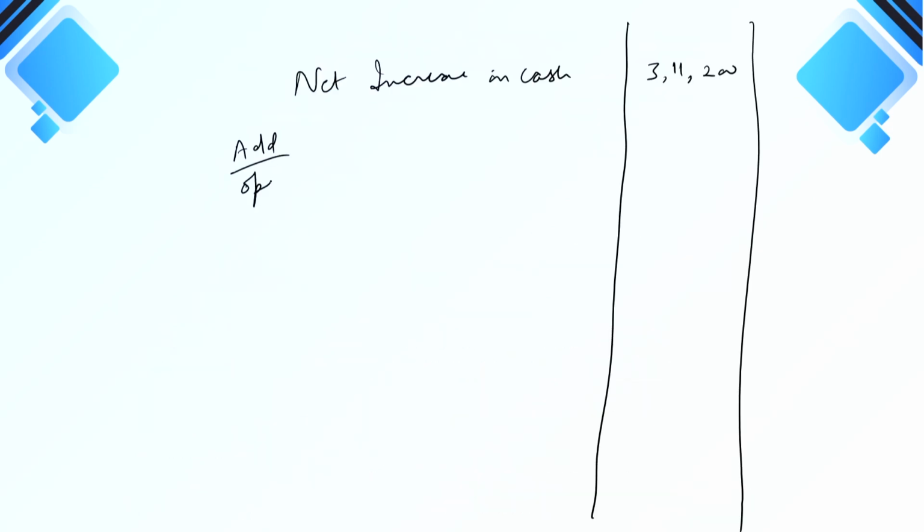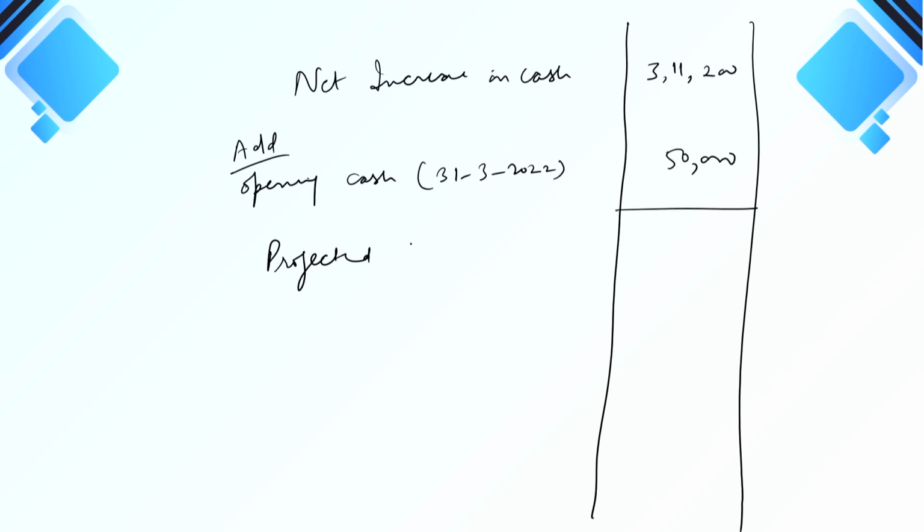Opening cash, which is given on 31st of March 2022, is 50,000. So we have projected cash balance 3,61,200 rupees. This is how we solve this problem.